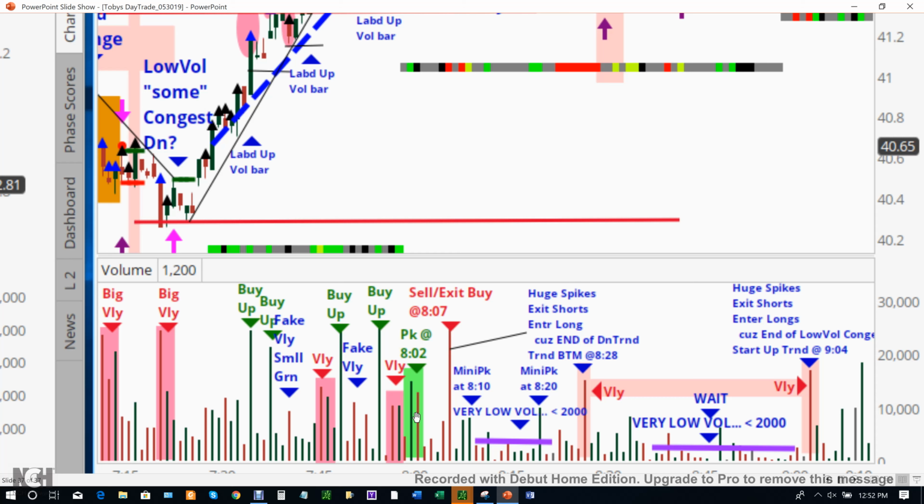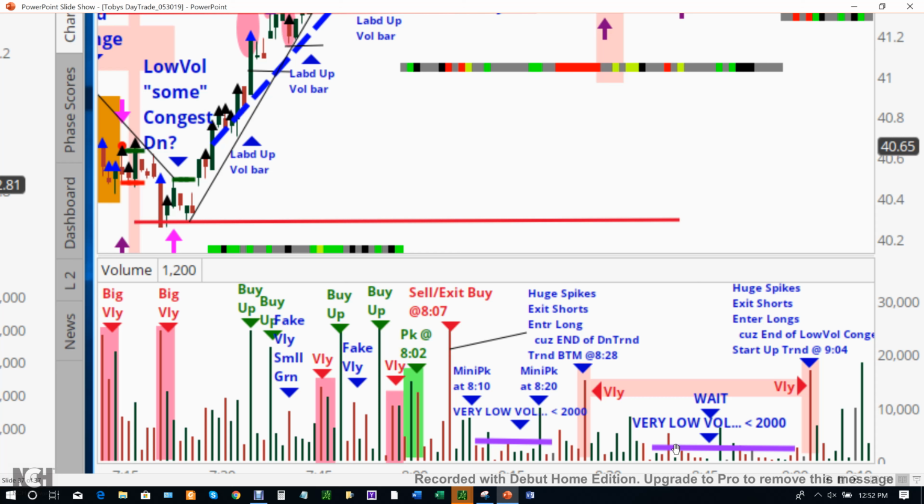That makes sense. Another thing that pretty much everybody knows is that when you go into a situation where you're at low volume, that means a couple of things: people aren't trading, so you probably shouldn't trade either. Second, why is it low volume? Why aren't people trading?